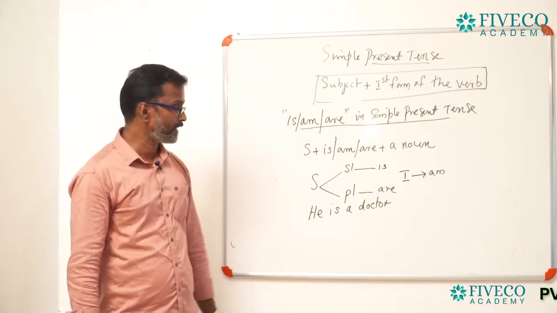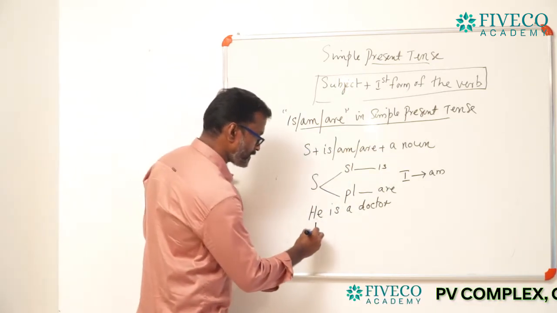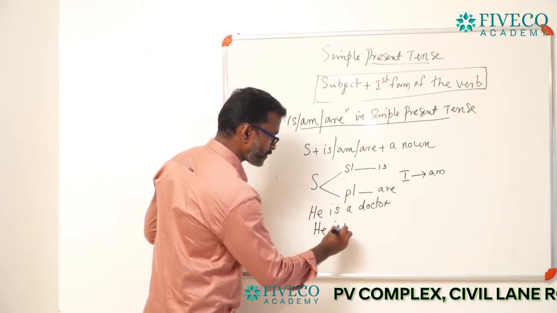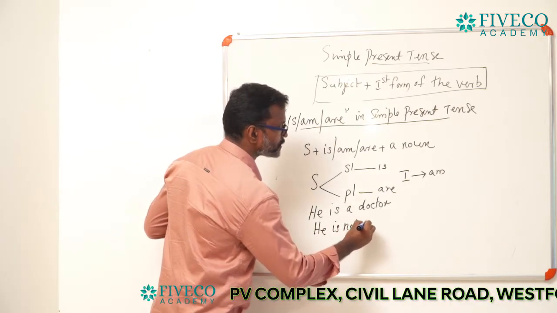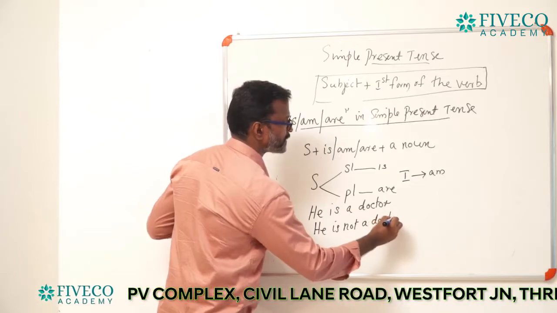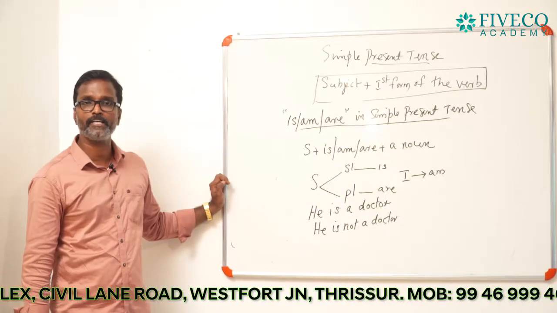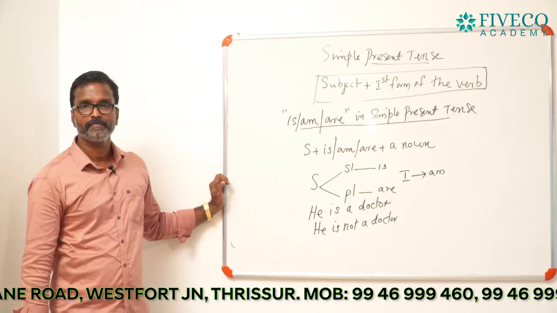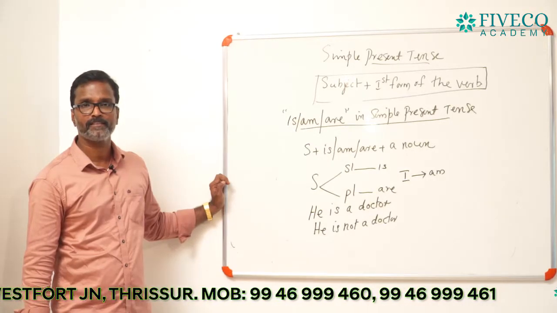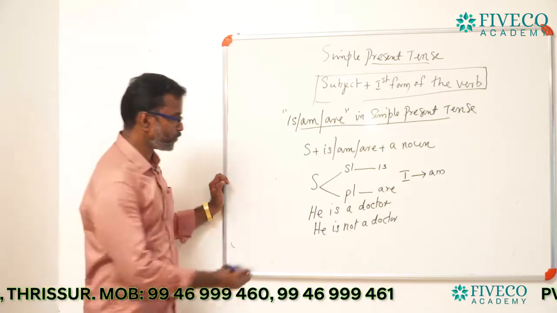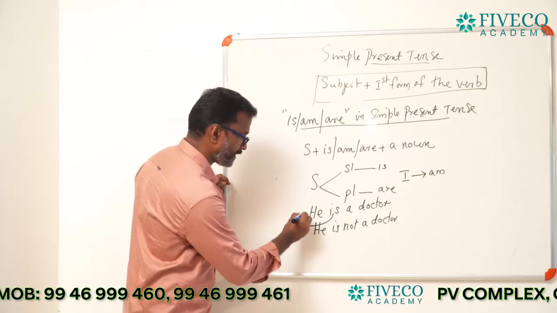So, the negative is he is not a doctor. That is the negative. And similarly, if you want to ask a yes or no question, how will you ask? Just use the auxiliary verb at the beginning.